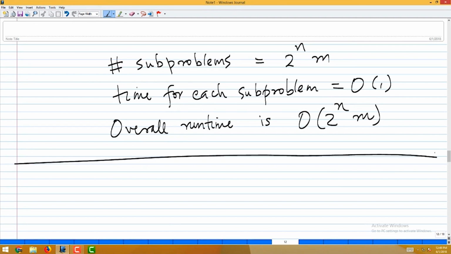So, we saw for minimum vertex cover some 1 point something something power n kind of an algorithm. In fact, for 3-SAT, we saw 7 power 1 by 3, which is also some 1 point something power n.